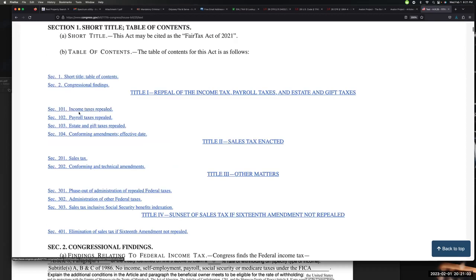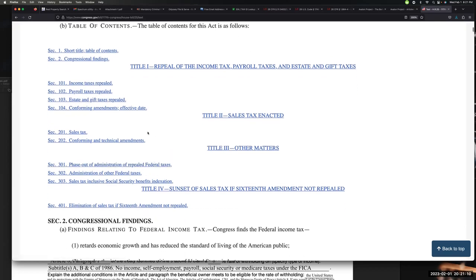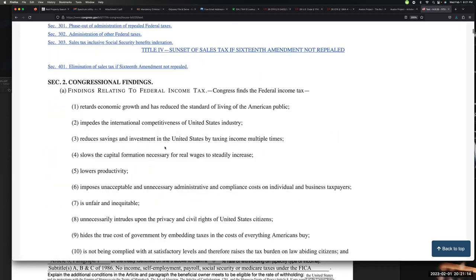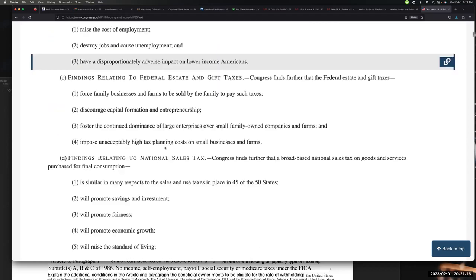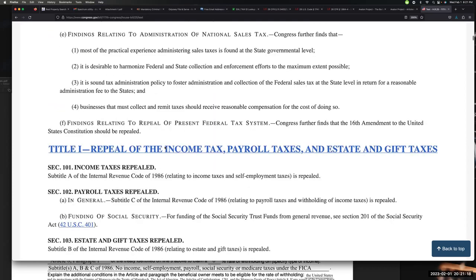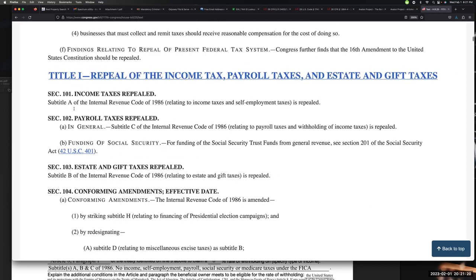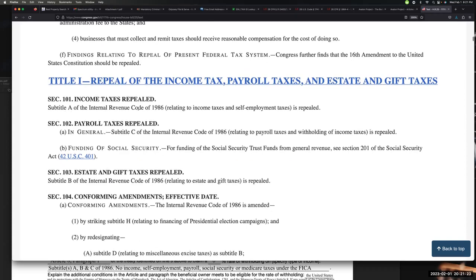The income taxes will be repealed, payroll taxes will be repealed, estate and gift taxes will be repealed. And they want to institute a national sales tax, right? So if you go down and you look at those sections, 101 is subtitle A of the IRC, Internal Revenue Code, repealing.